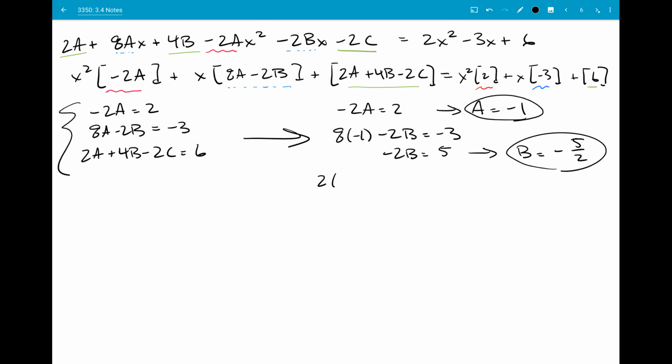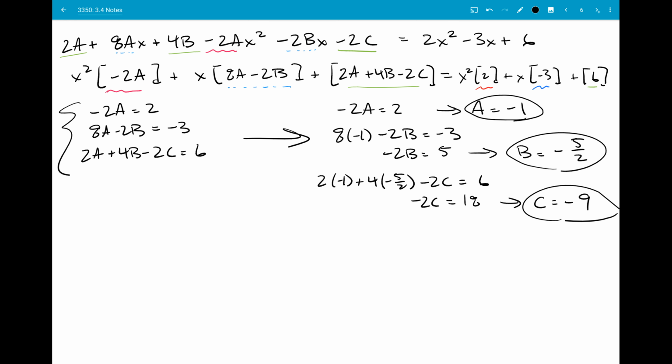If I want 2a, so 2 times minus 1, plus 4b, so 4 times minus 5 over 2, minus 2c equal to 6, then that's going to be, let's see, minus 2c is going to stay here, is equal to 6, plus 2 is 8, plus 10 is 18. And so that's going to give me c is equal to minus 9.